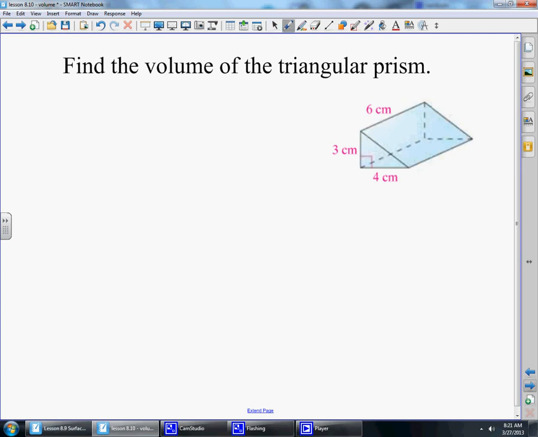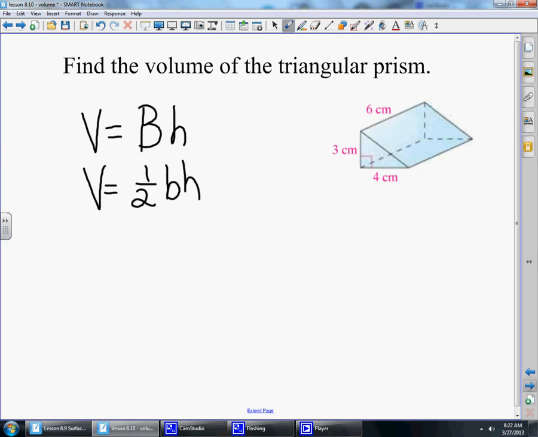So remember, volume is the area of the base times the height. So the area of the base is a triangle, so it's going to be 1/2 the base times the height. So this here is what we want to find the area of first. So we find 3 times 4 and take half of it.